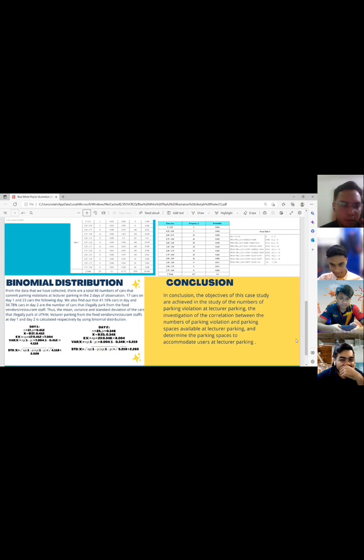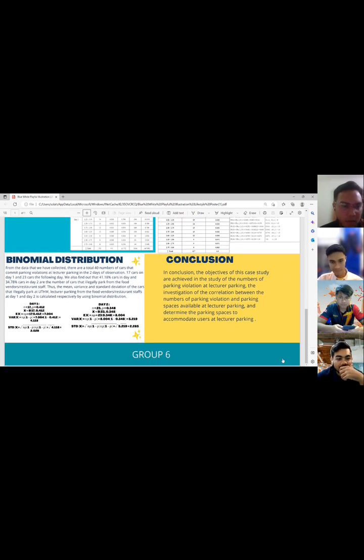So for day 1, for n we use the data 70 because n is for the total of cars, and p is 0.412 for the probability of success.